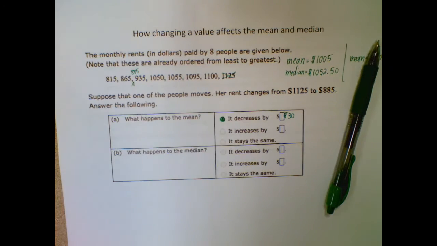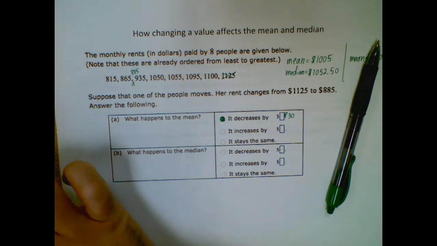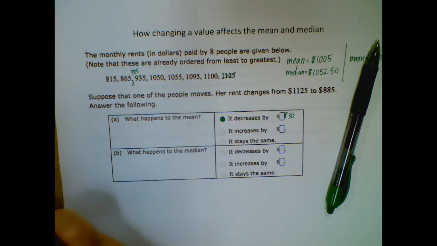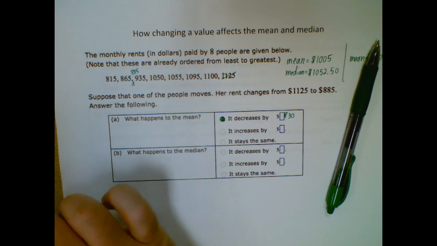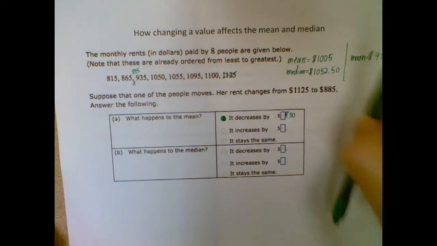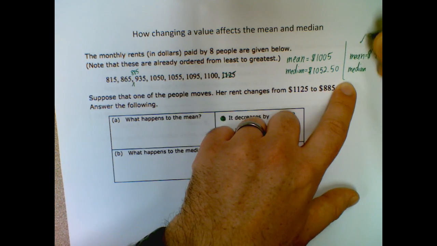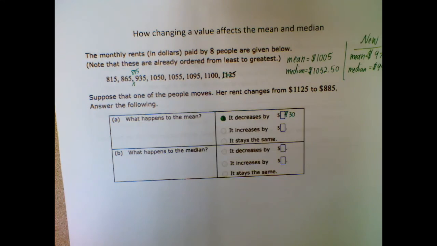So halfway between those two numbers, we just average those two together, and our new median is 992.50.